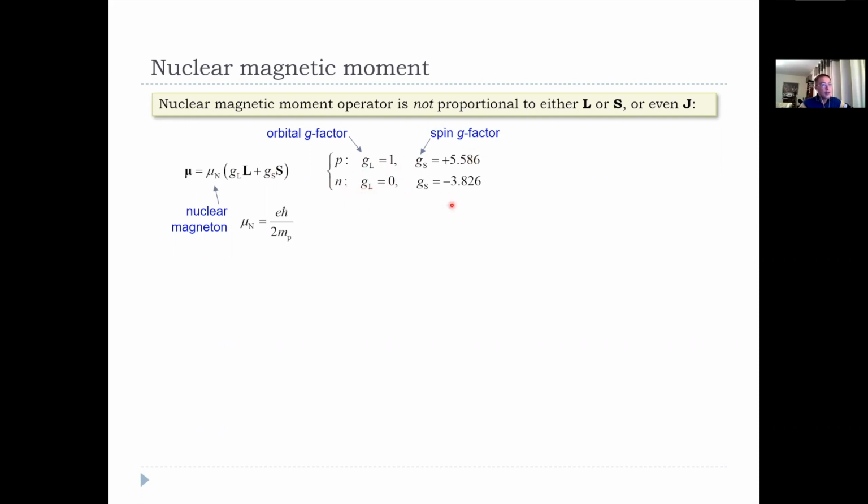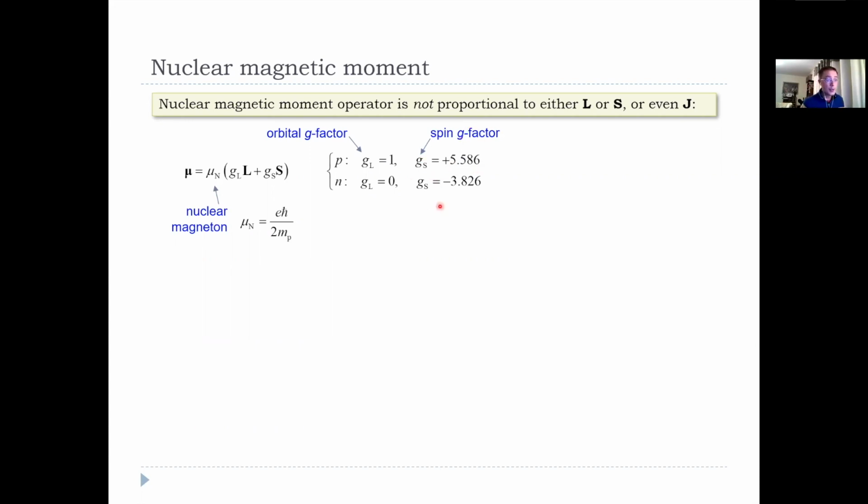The funny thing comes from these spin G factors. And this is actually another level of complexity. Everything that I just told you about nuclear structure here also applies to the nucleons, because they are also the ground state of a system of 3 quarks. And those 3 quarks have got their own spin and their own orbital angular momentum. So actually the spin G factors of the proton and neutron are also effective quantities that come out of the quantum chromodynamics of the effective structure of the proton and the neutron.